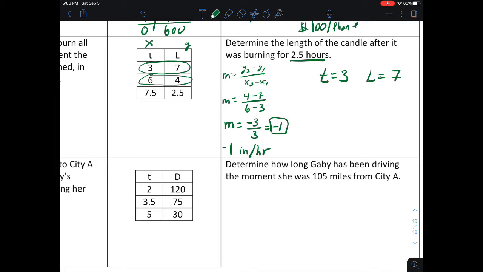So if I go back and ask how long it was when time was equal to 2, it was going to be 1 inch longer because it's been burning. So when time is equal to 2, the length was 8. We want to know what the length was at 2.5. Well, 2.5 is halfway in between there. So the length was 8.5.